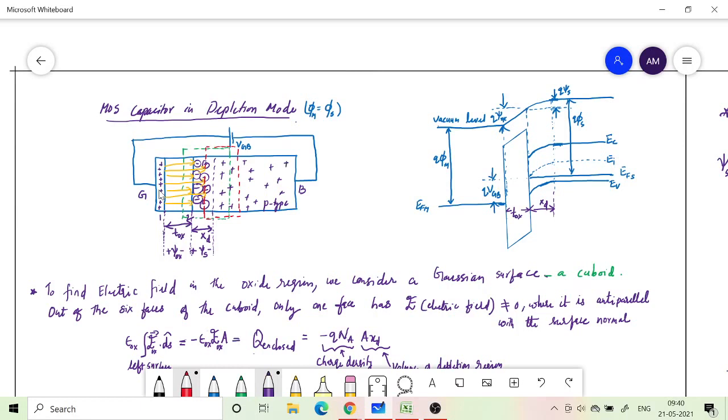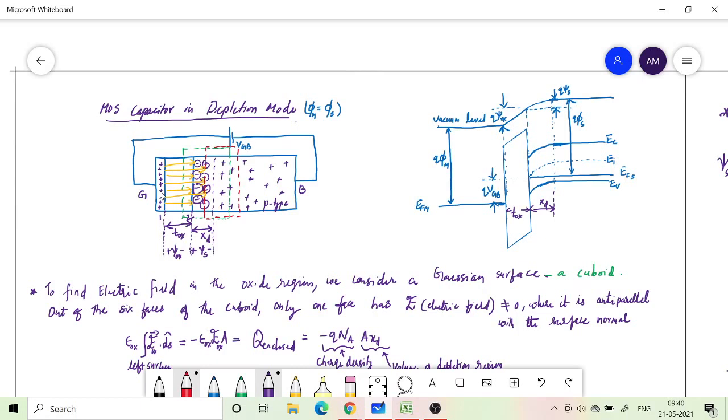So these holes, which were there from one end of the semiconductor region to the other end, will be pushed away, and that movement of holes away from the interface region will create an effective negative charge region due to the ions, because p-type semiconductor is made by doping with a p-type impurity, like boron, for example.